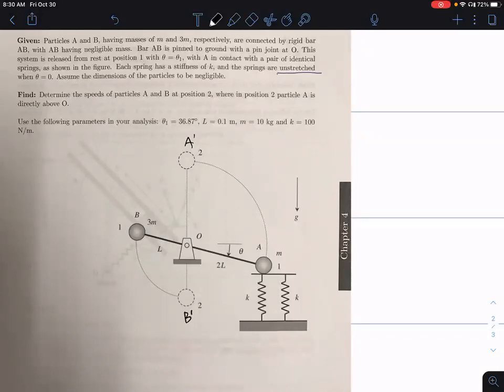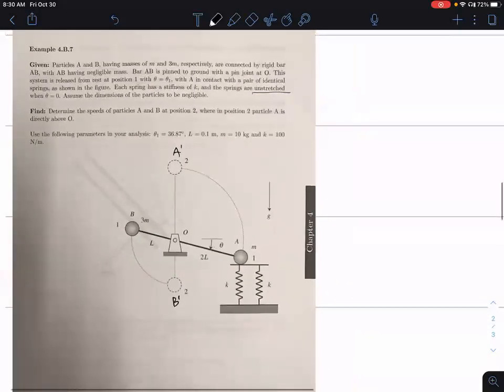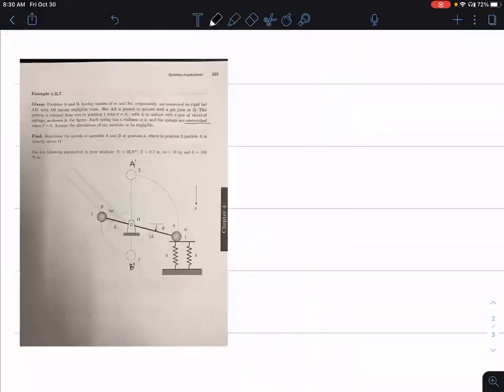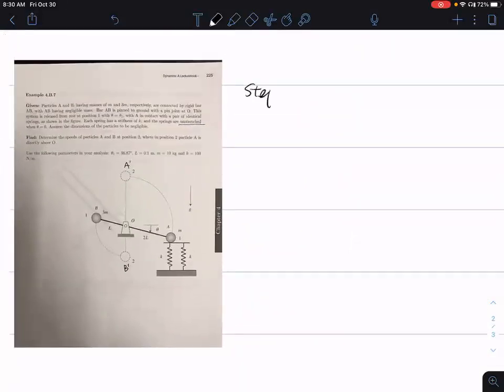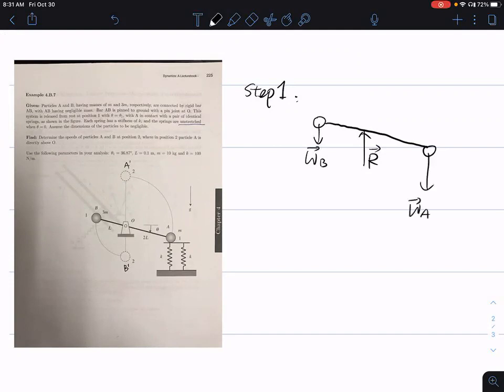All right. Now let's draw our free body diagram. It's going to have two balls, reaction force R, weight force B, weight force A, and the spring force going up, acting on particle A. It's going to have Fs here.